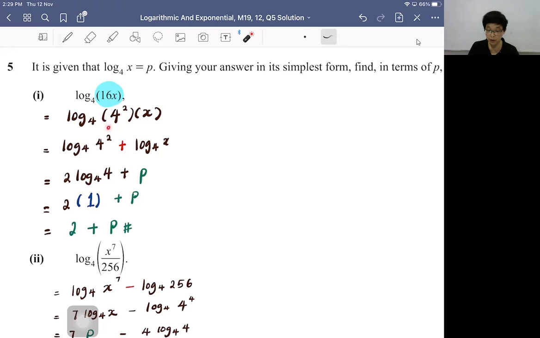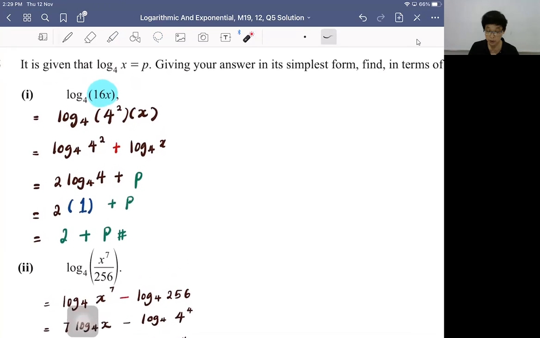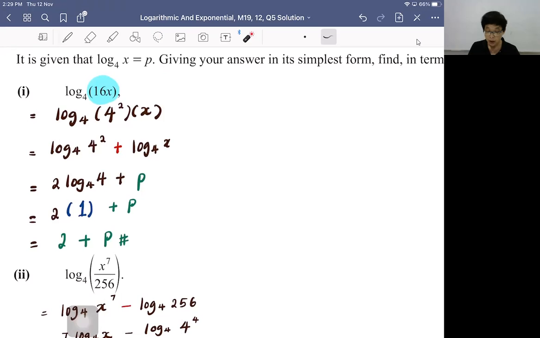When we notice the multiple, we know that there is a product rule that we can use. We're going to use the product rule to split the multiple into the addition of two logs base 4, like this. So we get log base 4 of 4 squared plus log base 4 of x.